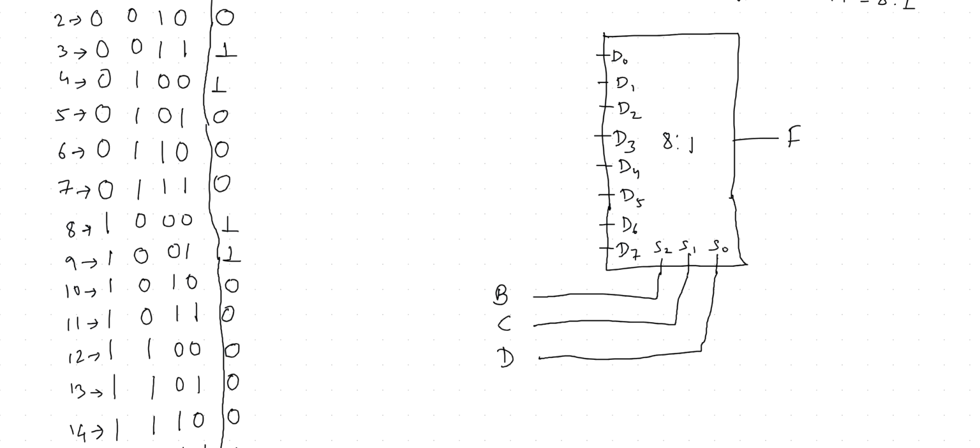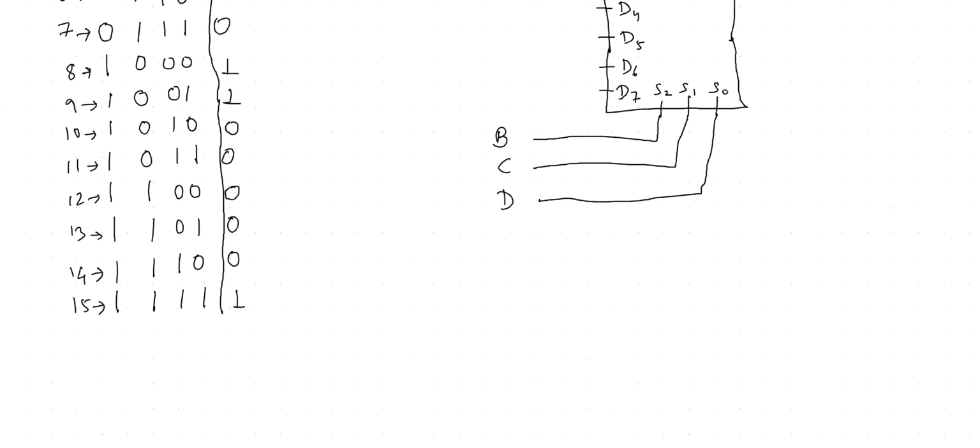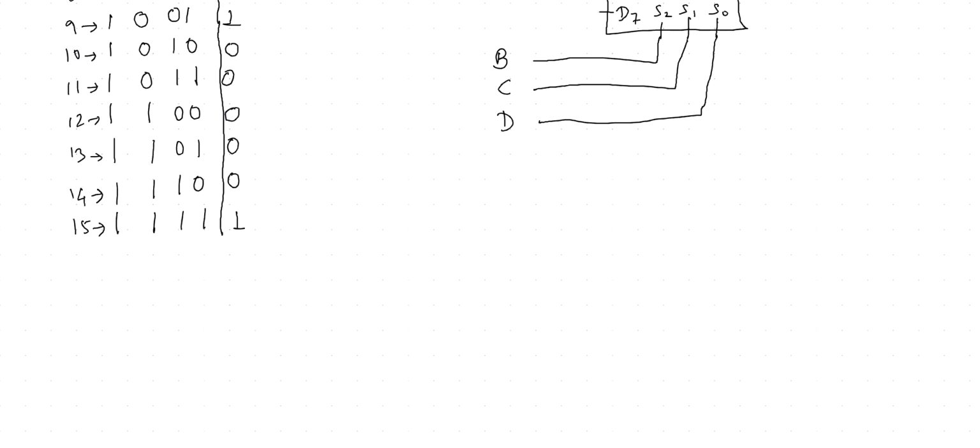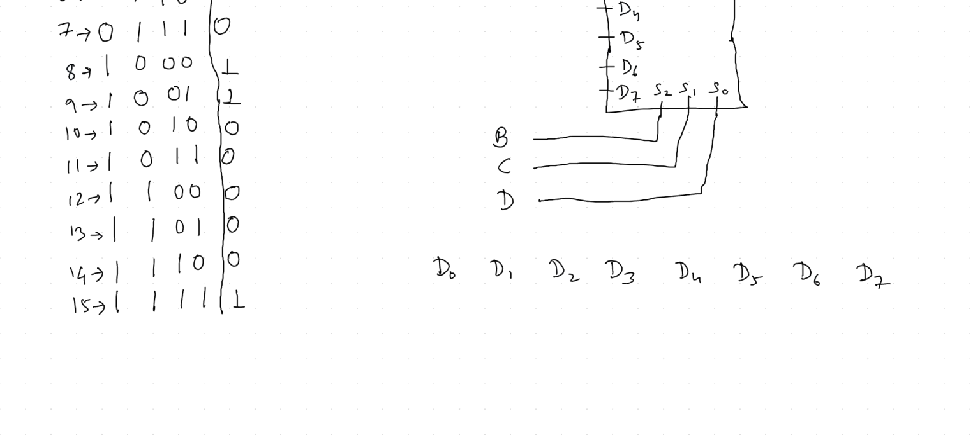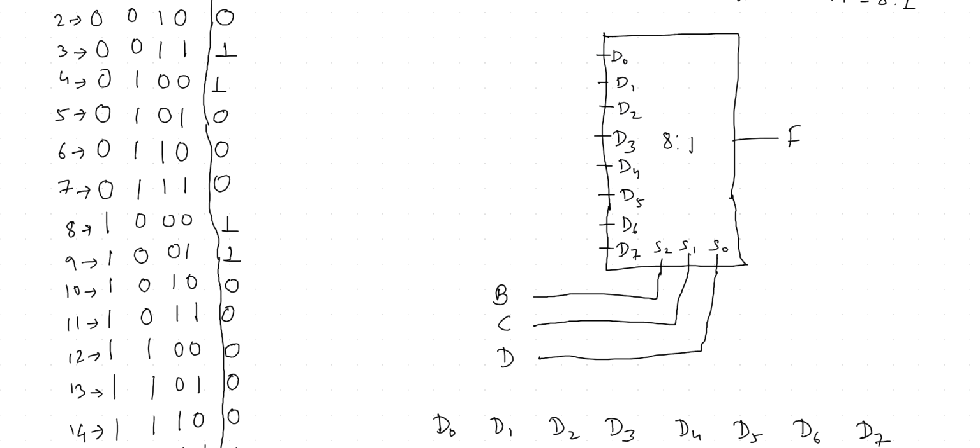Now, how the input will be connected here? So suppose here whatever the inputs we have taken is D0, D1, D2, D3, D4, D5, D6, and D7. Okay. So these inputs will be selected and you are getting the output by this selection line BCD.